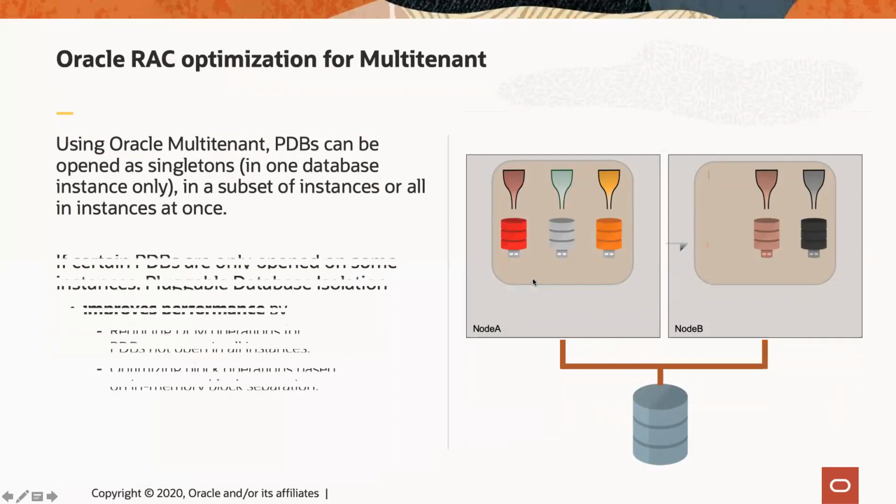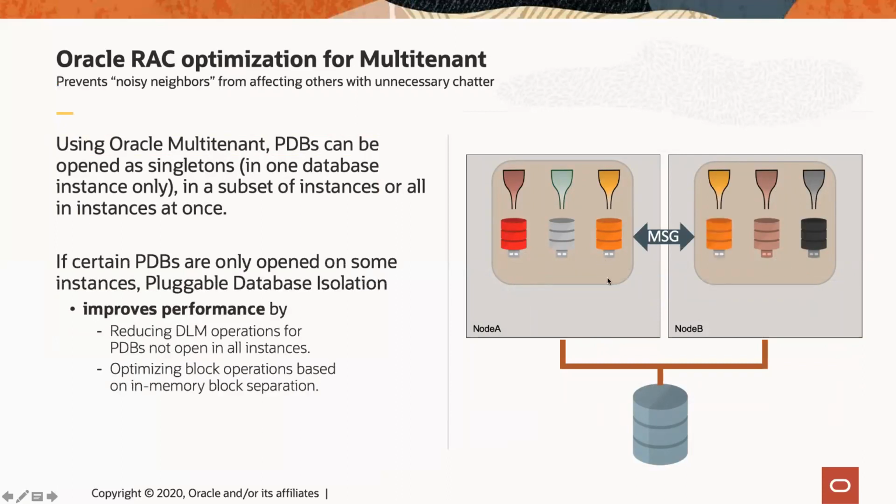What that means is, for a message from the yellow PDB, we wouldn't even interrupt the red PDBs, because the yellow PDB messages are for each other. The rest of them do not even have to worry. So by an in-memory optimization, we have reduced the number of interruptions the red PDB would have when the message is not even for that PDB.